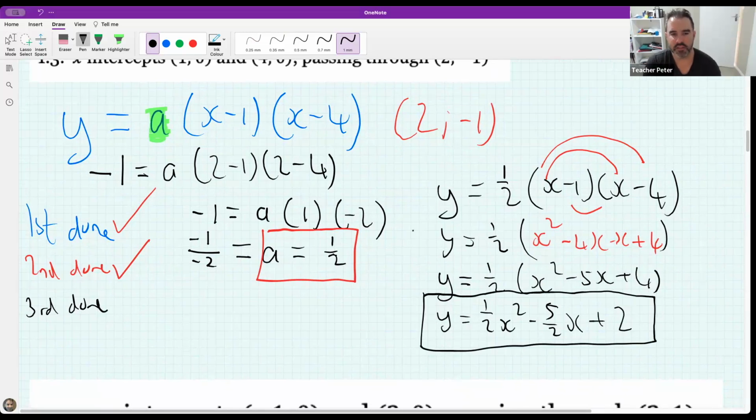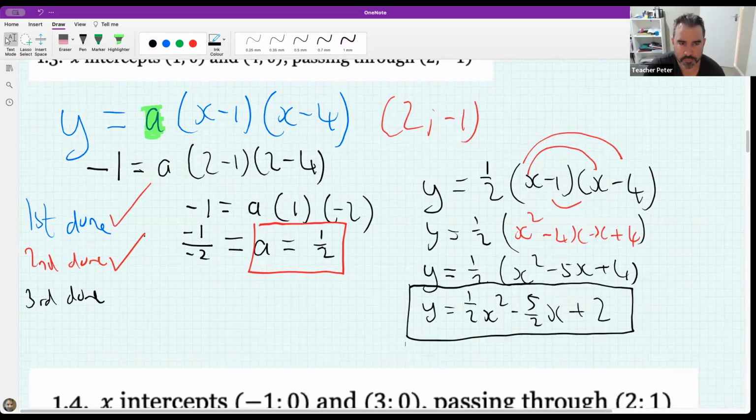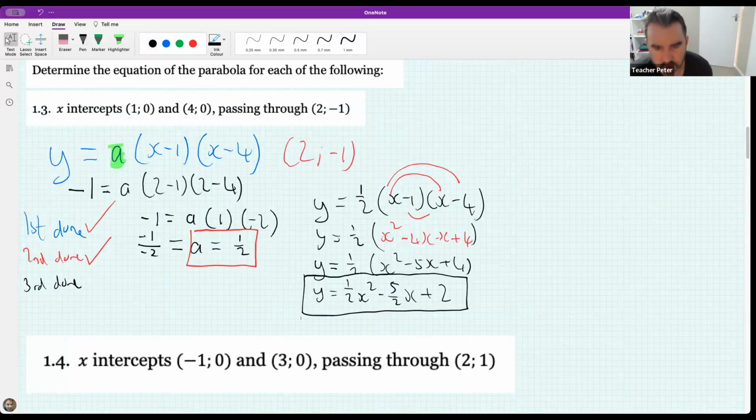Okay, so the equation of this parabola is y equals a half x squared minus 5 over 2 x plus 2.